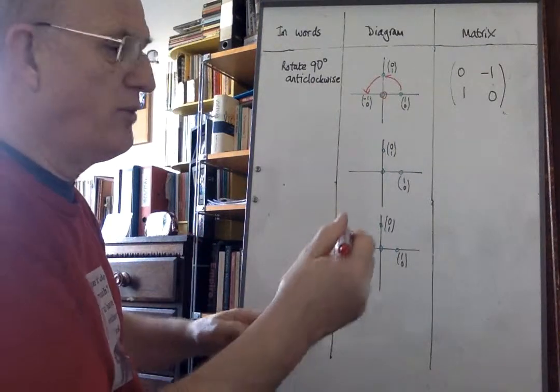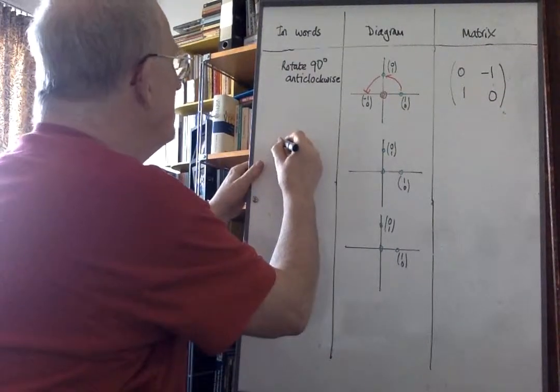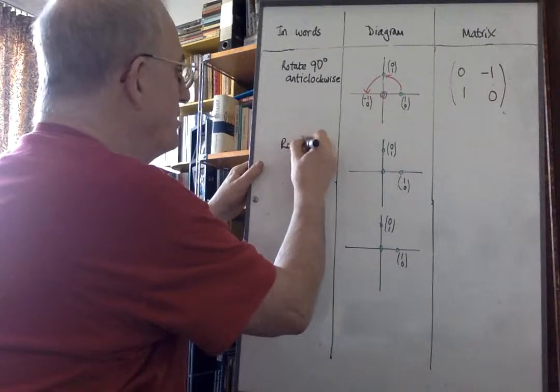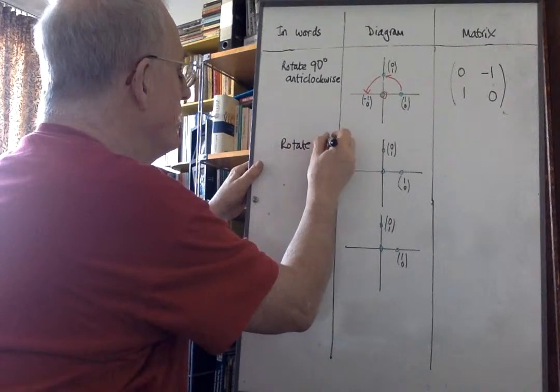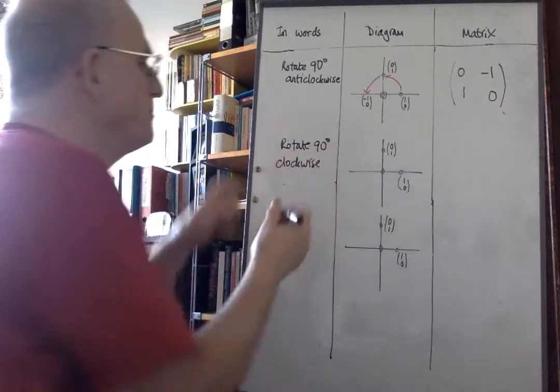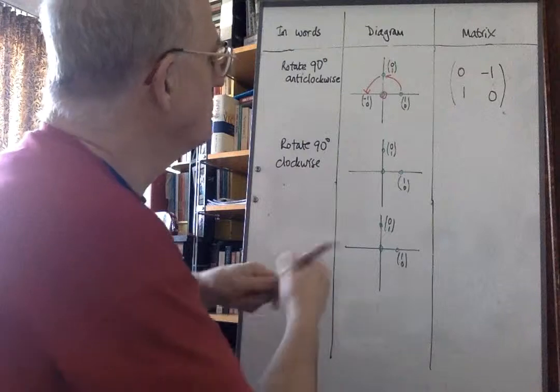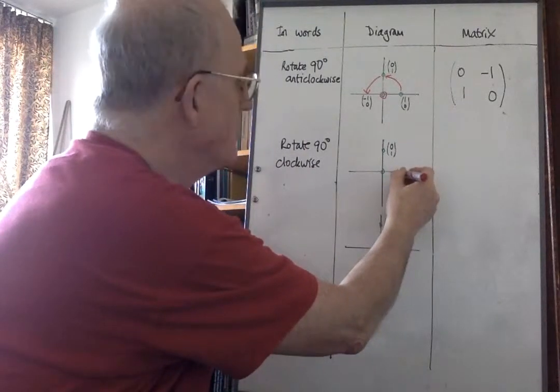Let's look at what rotating 90 degrees anticlockwise would be. No, rotation 90 degrees clockwise, sorry. The opposite, okay? Rotate 90 degrees clockwise. There we've got our 3 green starting points. What happens to this one this time?